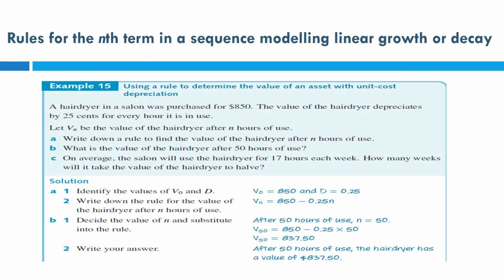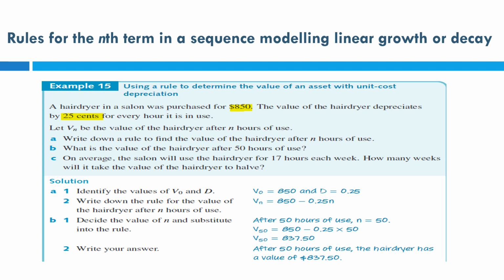Very easy. Next one. Okay, this one here is a little bit different because it's unit cost depreciation. So a hairdryer in a salon was purchased for $850. Expensive hairdryer. The value depreciates by 25 cents every hour it's used. So we need to look at writing a rule that makes this work.